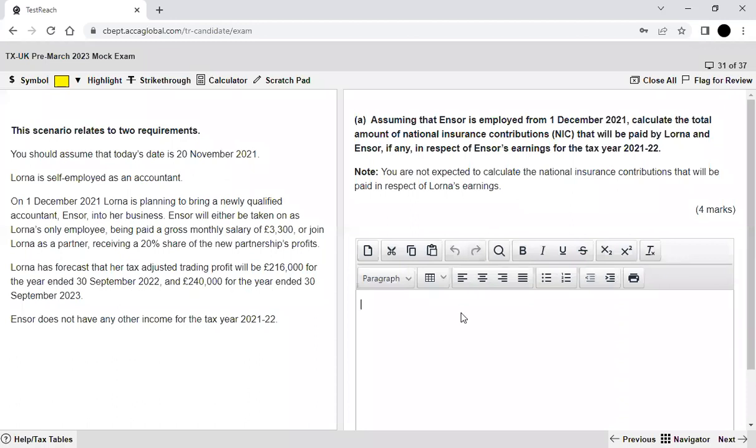So whatever Lorna is earning from her trading profit, you are not expected to comment on that. However, as per requirement A, you are only supposed to comment on the NICs which are applicable in respect of Esnor's earnings. Okay.